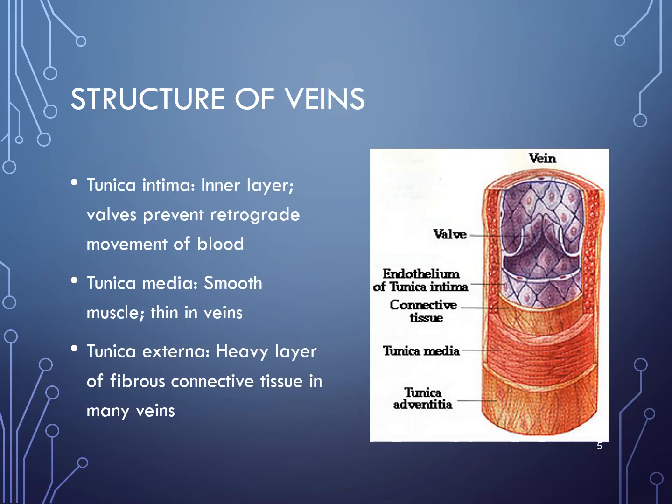Now, veins are a little bit different than arteries because veins have valves, and while blood moves through the arteries because it is being pumped by the heart, blood moves through veins by skeletal muscle contraction.